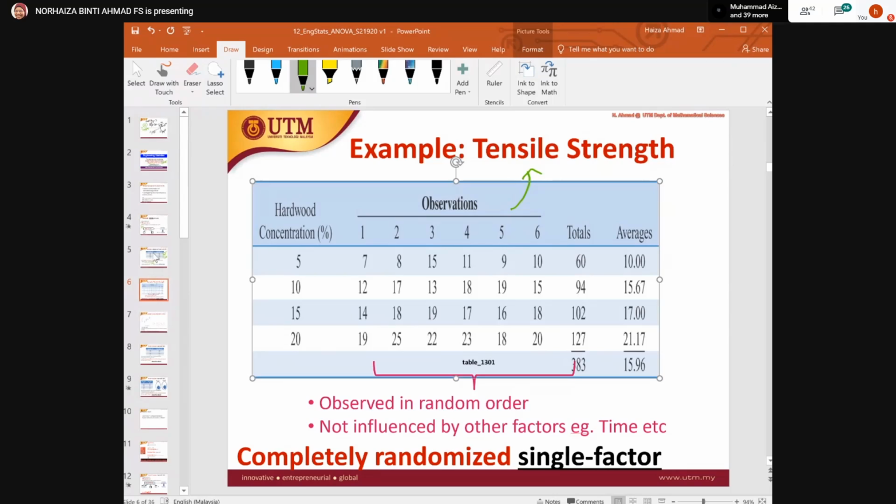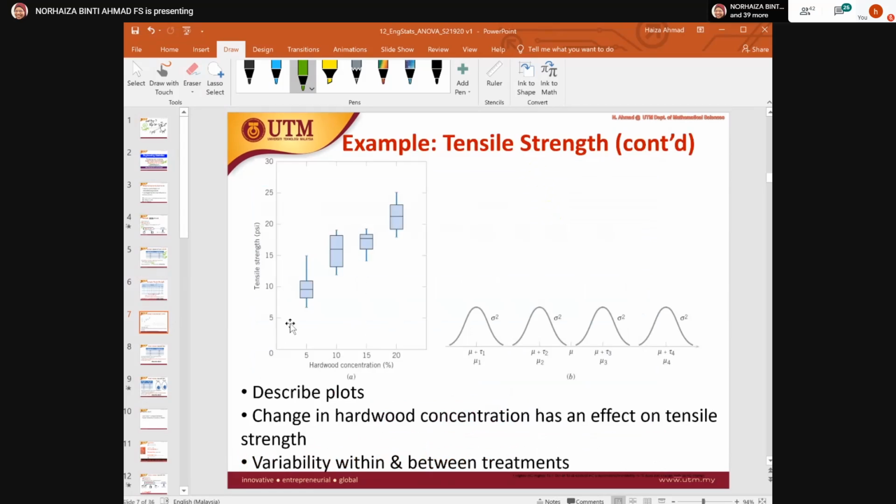Now let's plot these observations here. What's the name of this plot? Do you know the name of this kind of plot? Yes, it's a box plot or whisker plot.